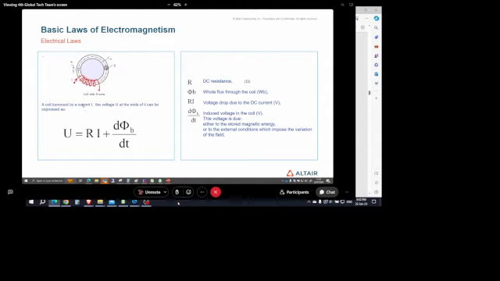But if you have AC current, then this equation is always true. And this is what we are going to use for rotating machines because dphi by dt is always there. There is always a magnetic flux variation due to the AC supply and due to the rotor position, especially if you have a magnet on the rotor.